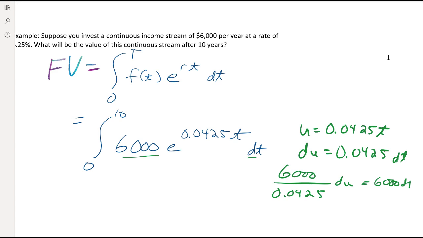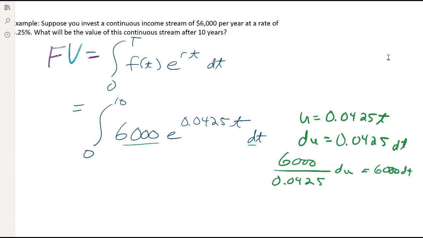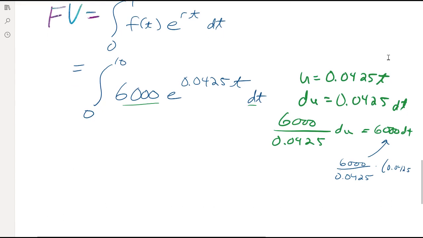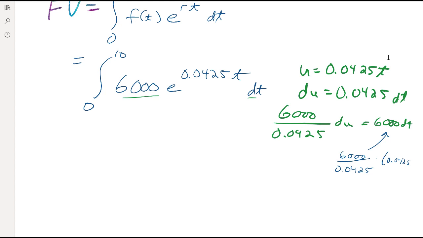Sorry for my handwriting. Just to be clear here, why does that reduce to 6,000 dt? Because you take the 6,000 divided by the 0.0425, and then that multiplies the 0.0425 dt that's already there.